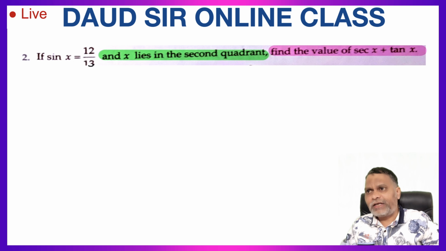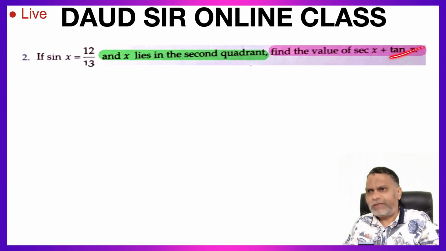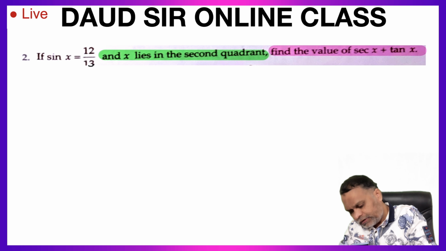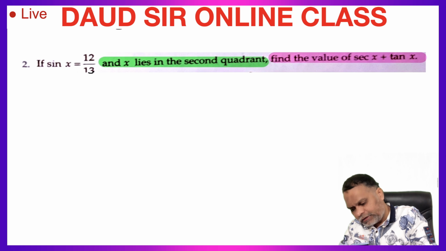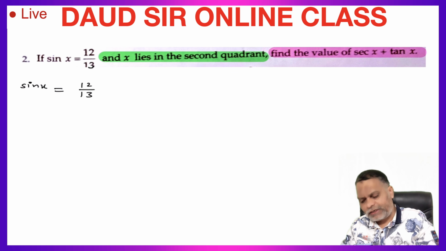So for finding the value of sec x plus tan x, first we will calculate the value of sec x and tan x. Then we can add them for sec x plus tan x. So sin x is equal to 12 upon 13 and x lies in second quadrant.